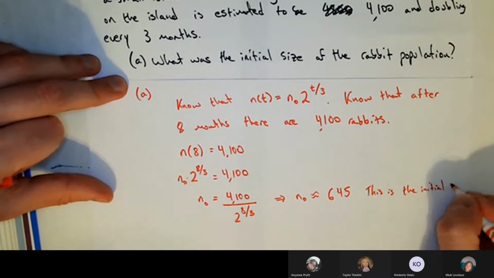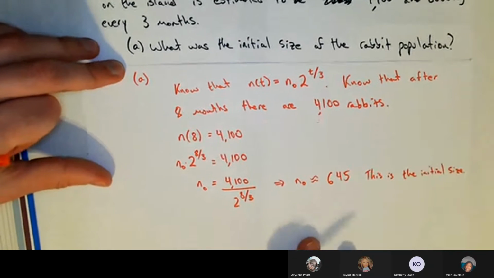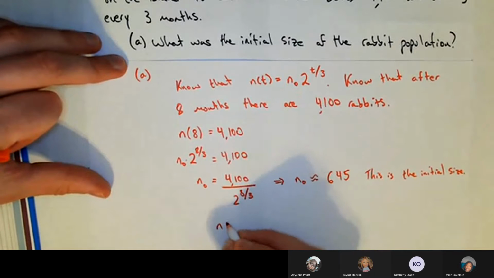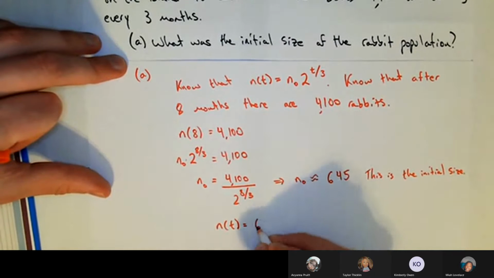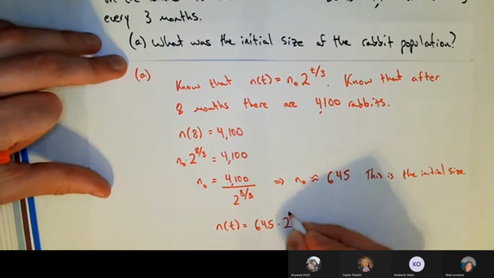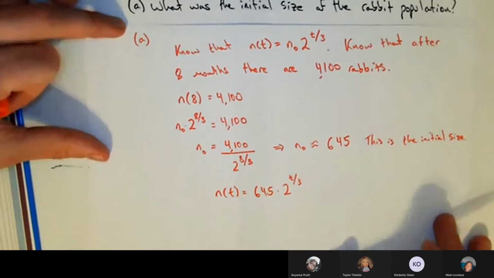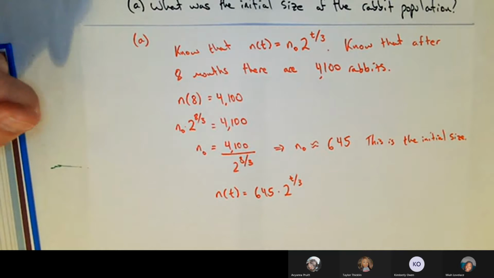So now I can write my actual finished model. It's going to be n of t equals 645 times 2 raised to the t over 3. And now this model is ready for all sorts of questions.